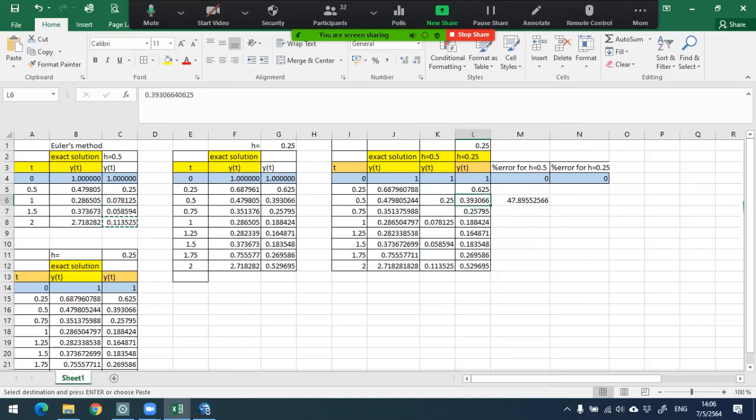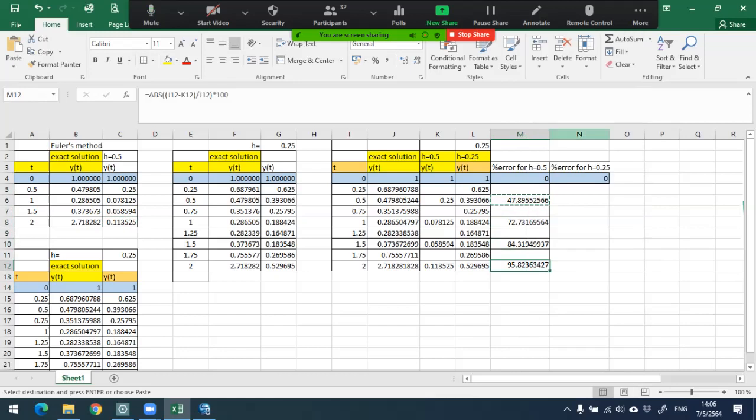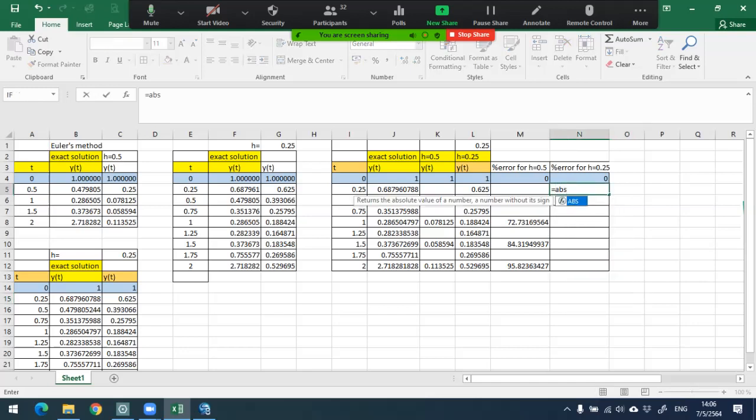Okay, now you see that the error from the Euler method becomes 47.89%. Okay, it's too high, right? So if we reduce the step size, what happens? If we reduce the step size to 0.25, the solution becomes different.